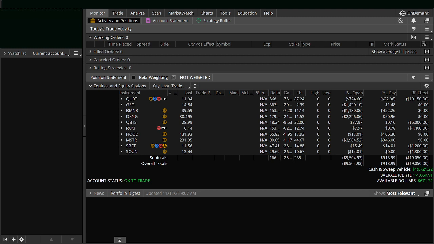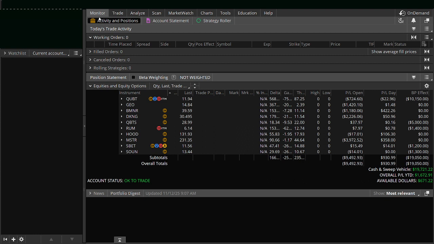So, in terms of ThinkorSwim, I've had a lot of people ask me how I have it set up, so I wanted to go through the two tabs that I'm really focused on. Under Monitor, the way that I've got this set up is I have working orders expanded, and this is important because sometimes you'll place an order and it won't go through, and so you won't get the notification.